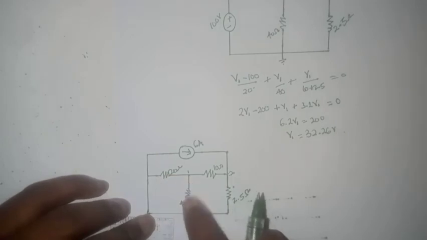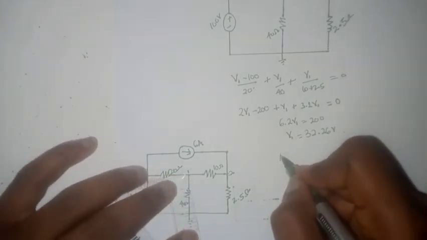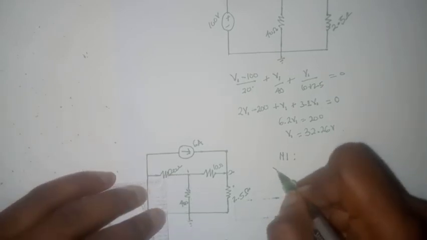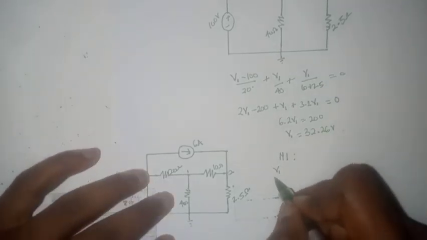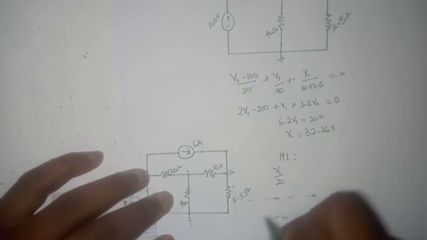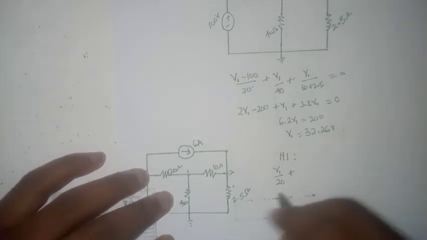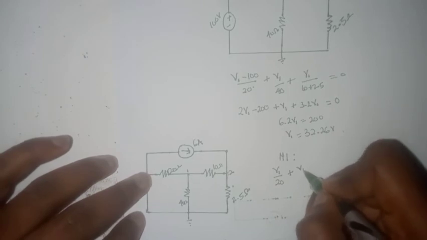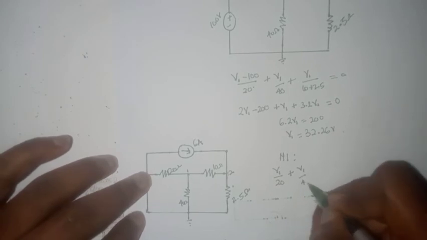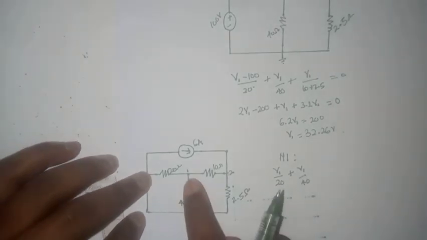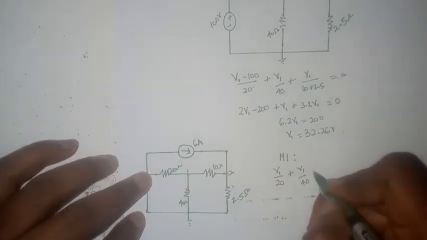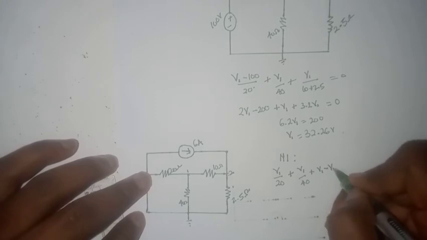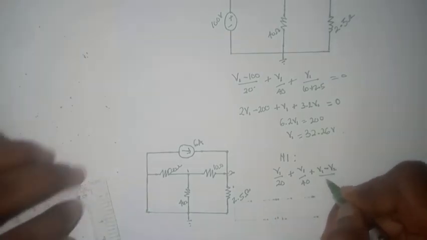At node 1, we have V1 over 20 plus V1 over 40 plus (V1 minus V2) over 10.